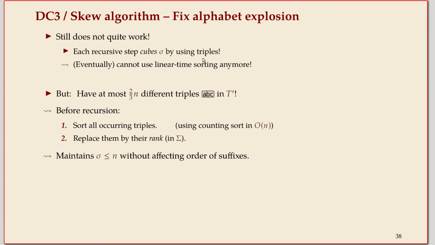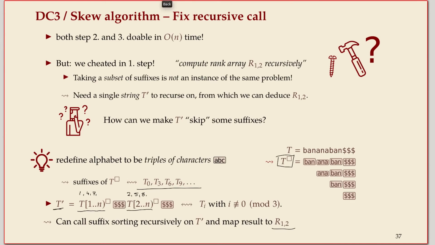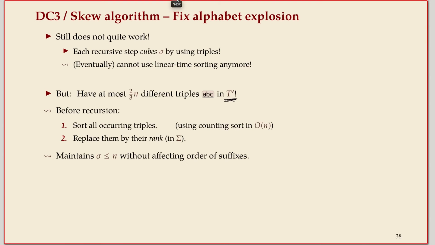Now it's true that the alphabet can be very big and it grows in each step, but we only have so many characters in the string that we construct. This t prime has roughly 2/3 n triples. We cut the length of t in thirds for the first instance. So what I mean is there's n over 3 from this, n over 3 from this, and then 1 or 2 more, we don't care so much.